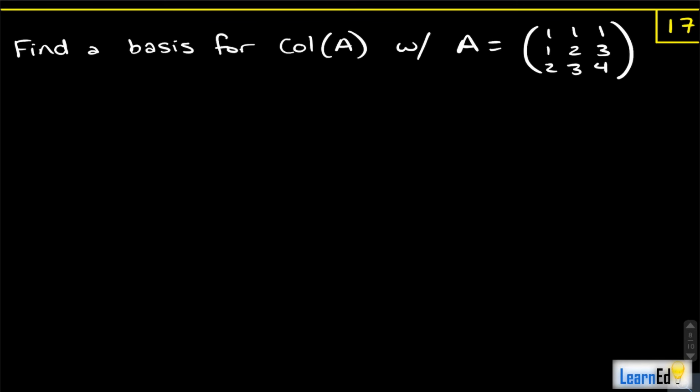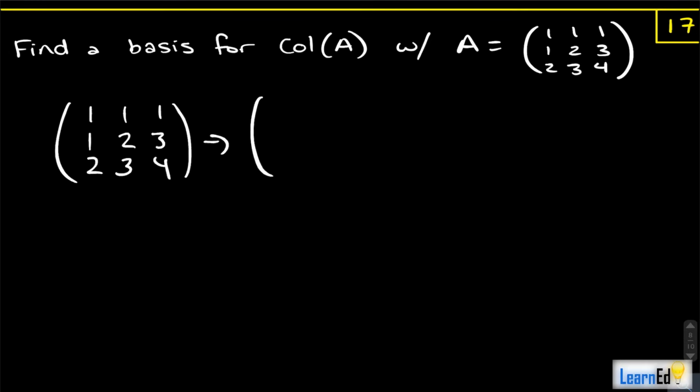So all we have to do is row reduce this and see, well, is this linearly dependent? So basically the same exact process as the last problem. We zero out the entries under the first pivot, and we do that by multiplying the first row by -1 and adding, so we get a 1 and a 2 here.